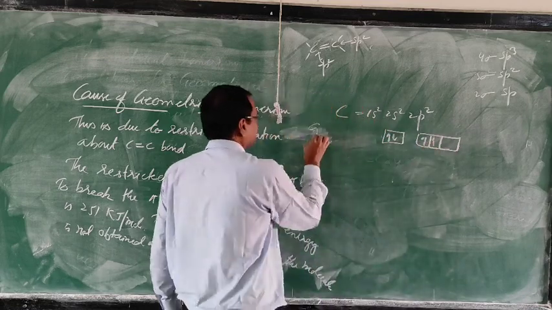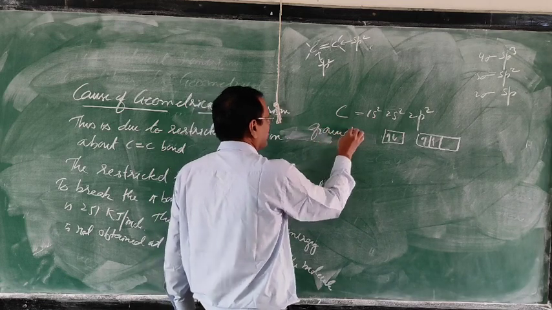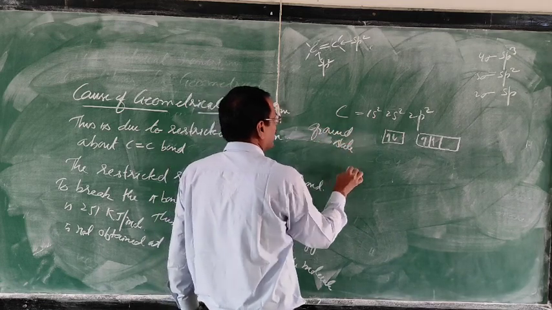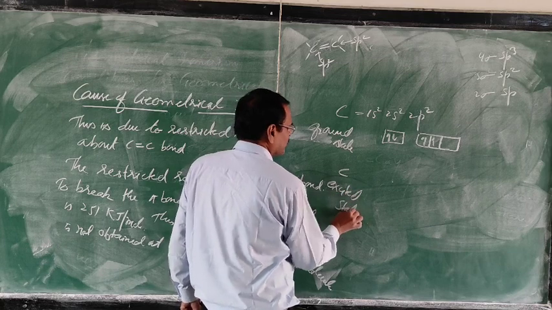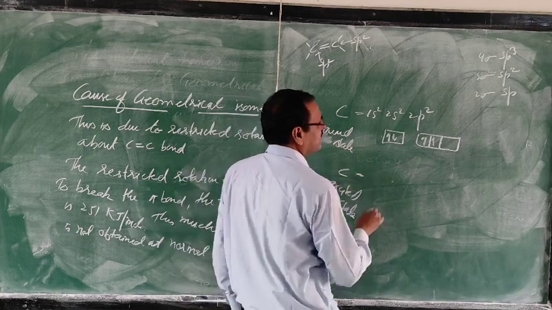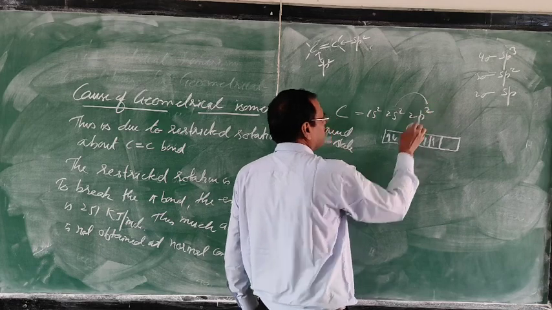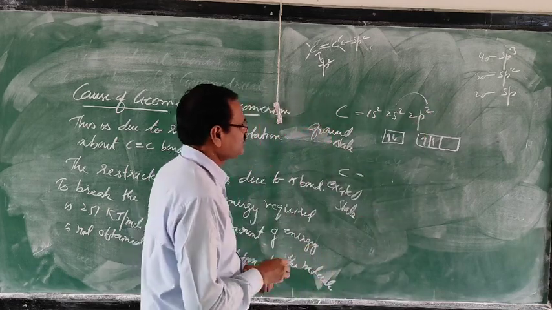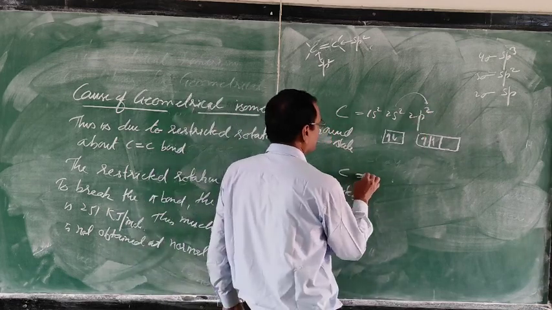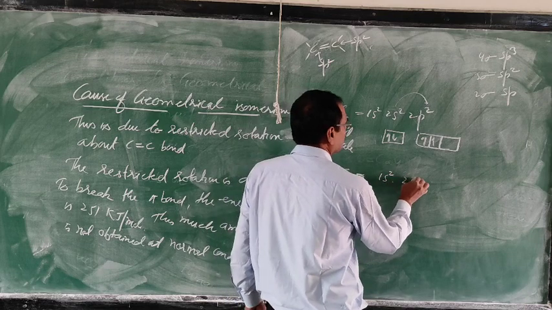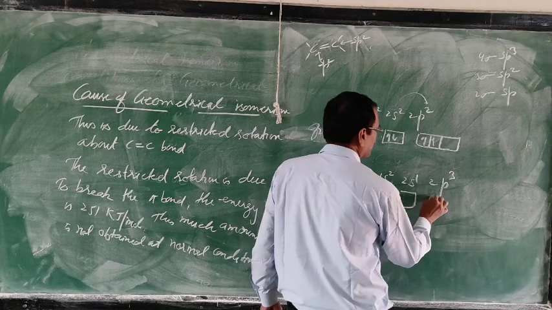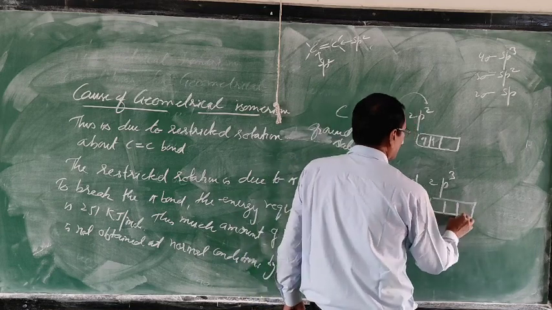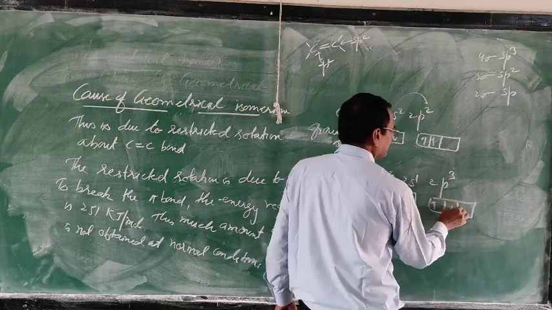Now you can take the excited state. So just to see the excited state, one electron will be promoted from 2s to 2p. So this is 1s2, 2s1, 2p3. Now 4 electrons are there.